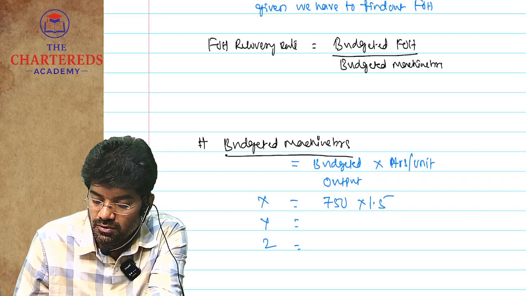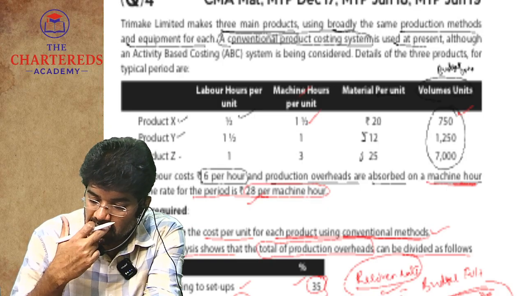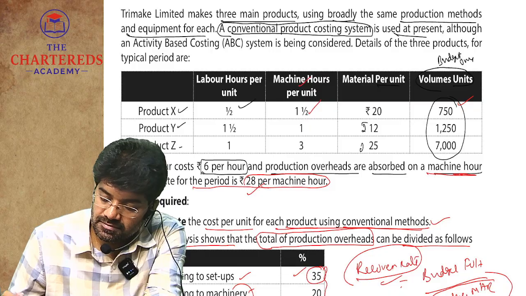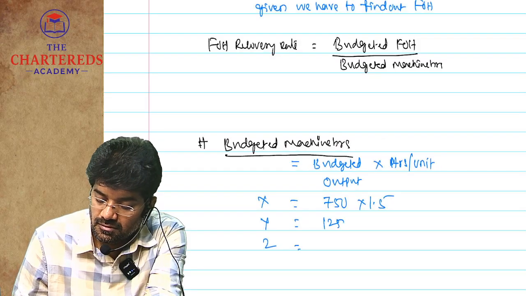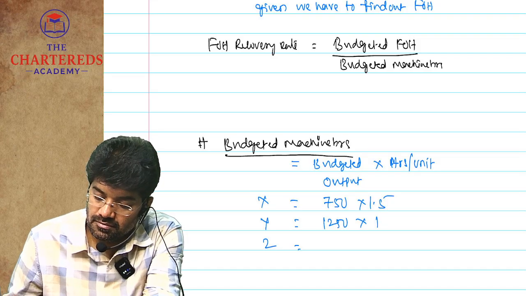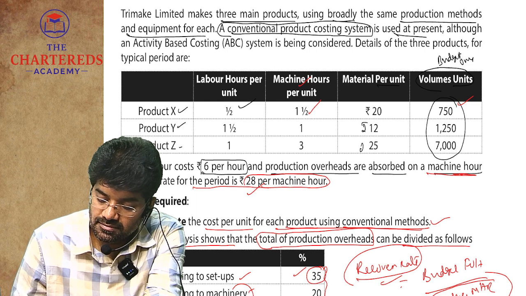Next, Y is 1250 into 1. Then 7000 into 3.